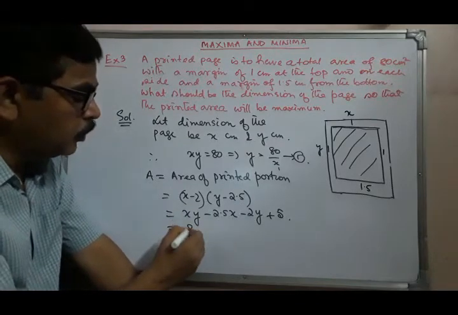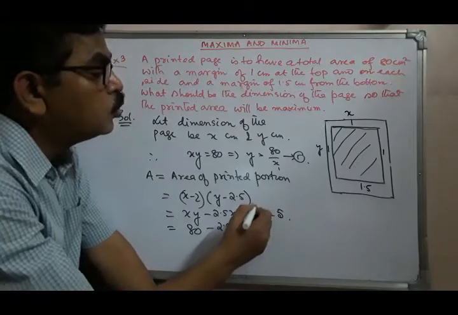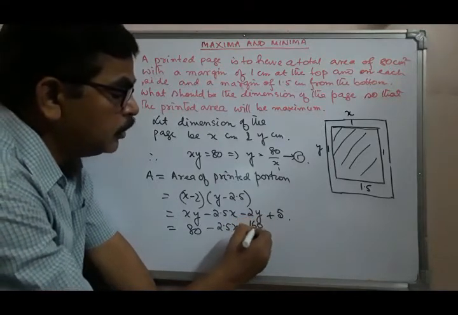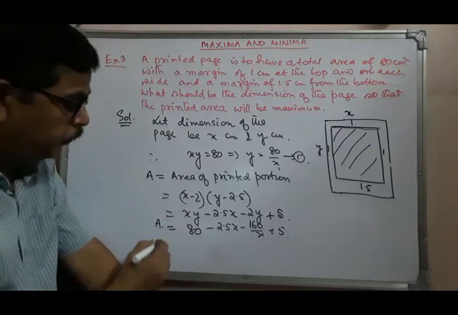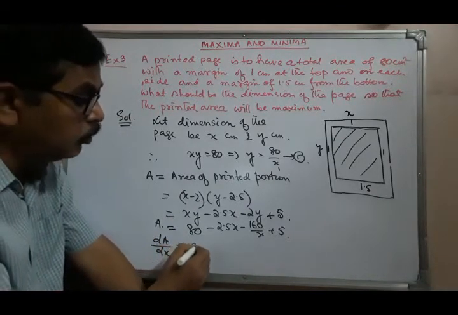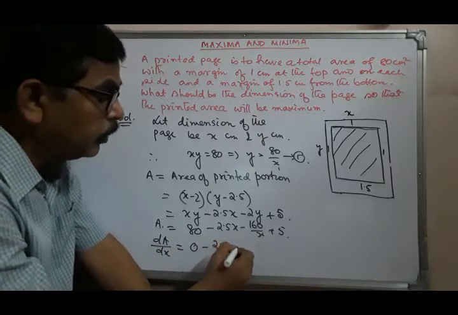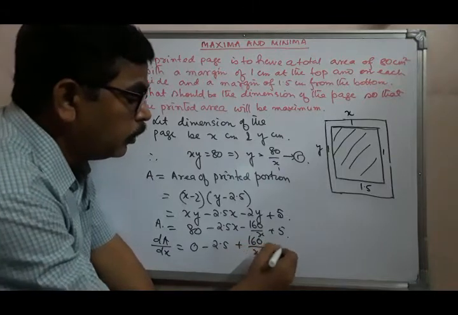So therefore this is 80 minus 2.5x minus 160 by x plus 5. This is A. Differentiating with respect to x, dA by dx equal to 0 minus 2.5 plus 160 by x square plus 0.